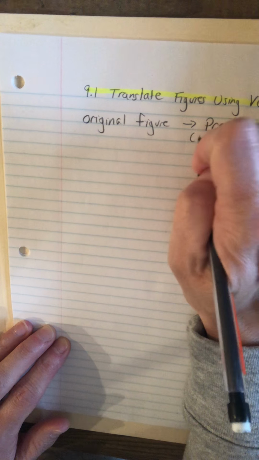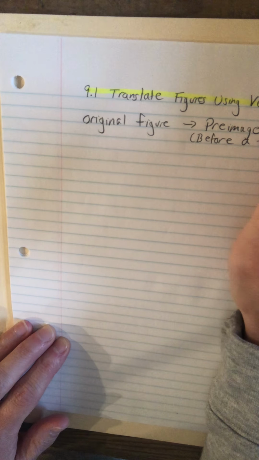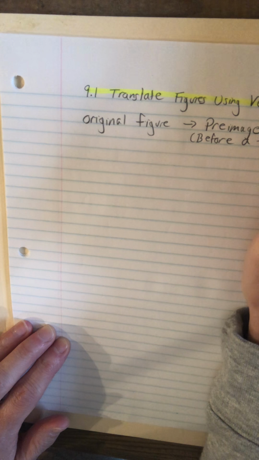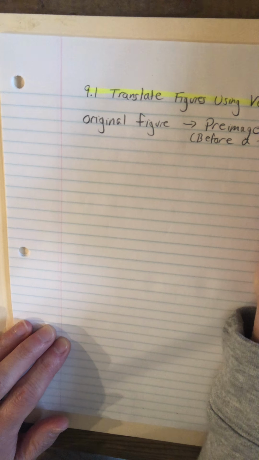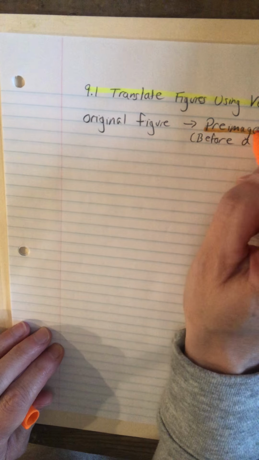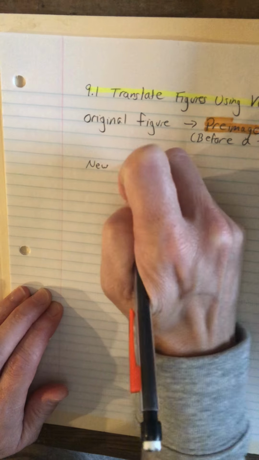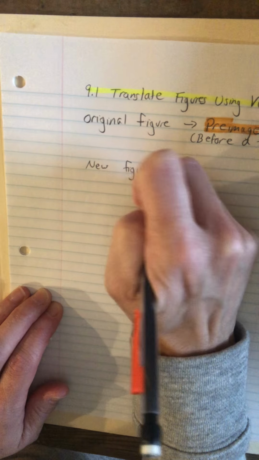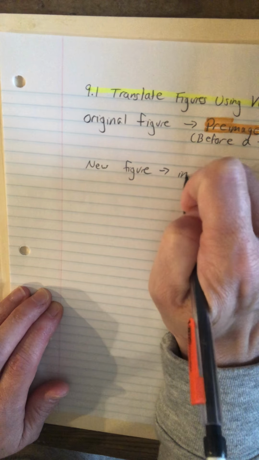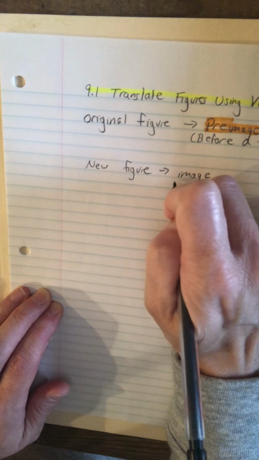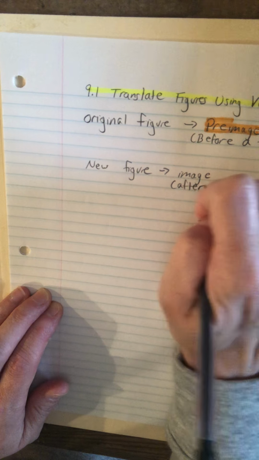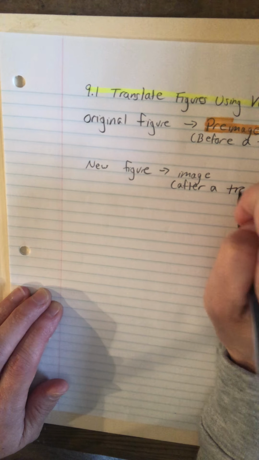And this is before a transformation. Our new figure will be called an image. So our new figure will be our image. And that would be after a transformation.